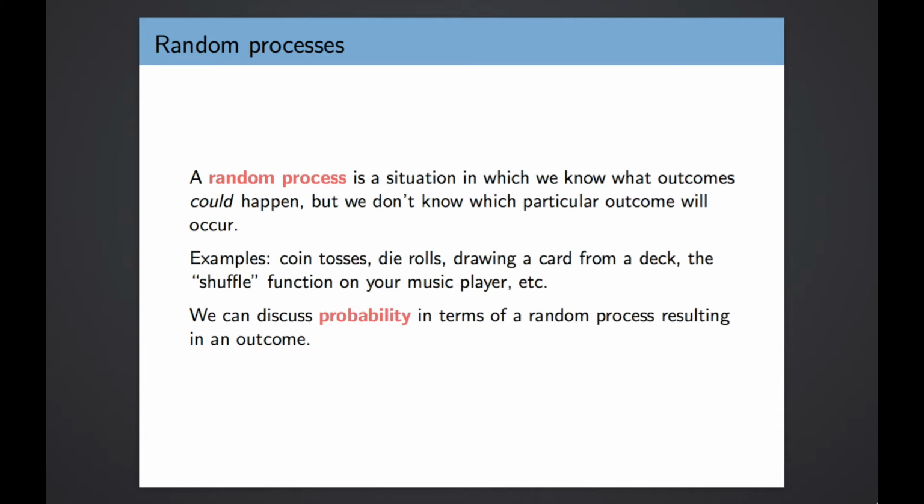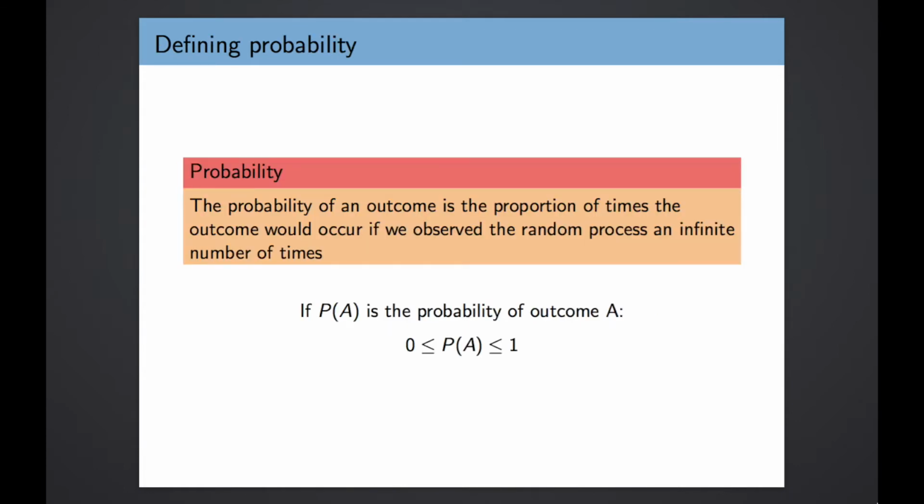Probability is something that we can discuss in terms of a random process resulting in an outcome, and which of the outcomes is most likely in a random process. Statisticians argue with one another about what the definition of probability should be.